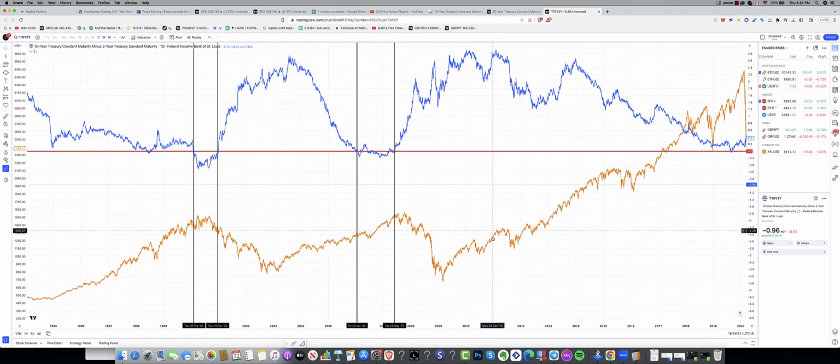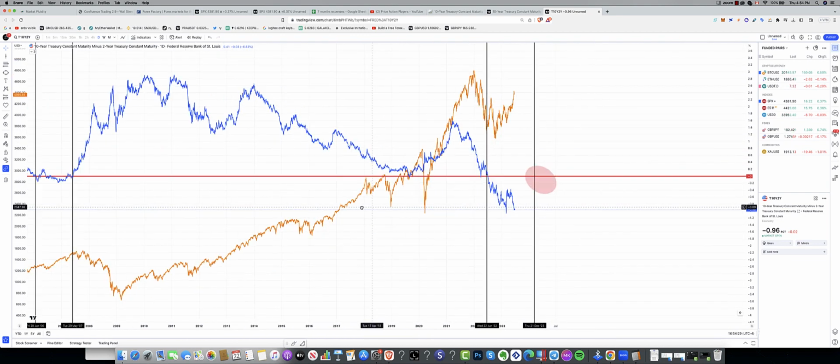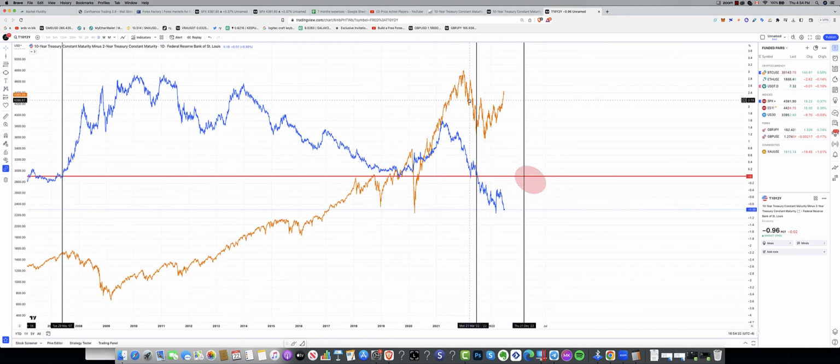So currently, as you can see here, we inverted in 2007, 2008, and then once the yield wasn't inverted, then we had the crash. Whereas here is as we were crashing.